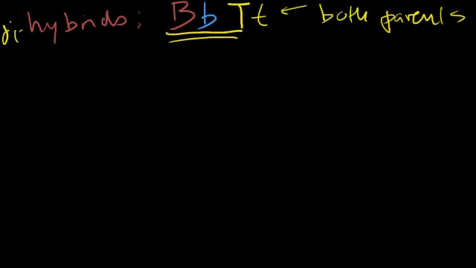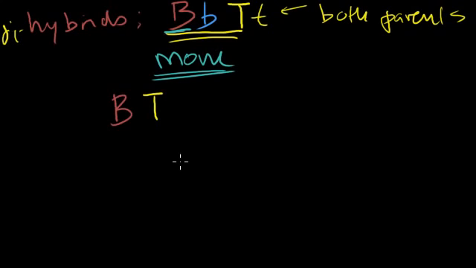So if I'm talking about the mom, what are the different combinations of genes that the mom can contribute? Well, for each of these traits, she can only contribute one of the alleles. So she could contribute this brown right here and then the big T. So this is one combination.